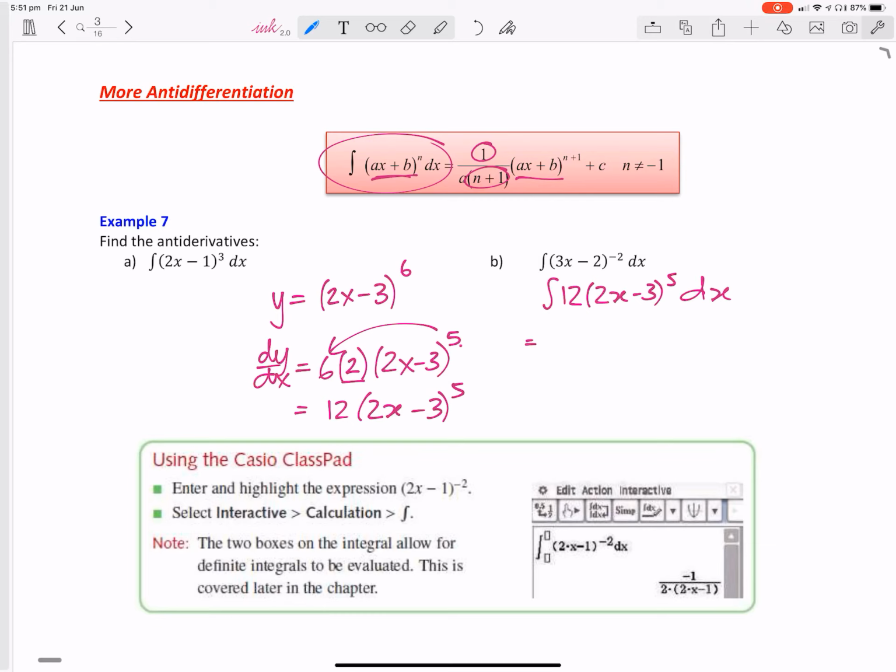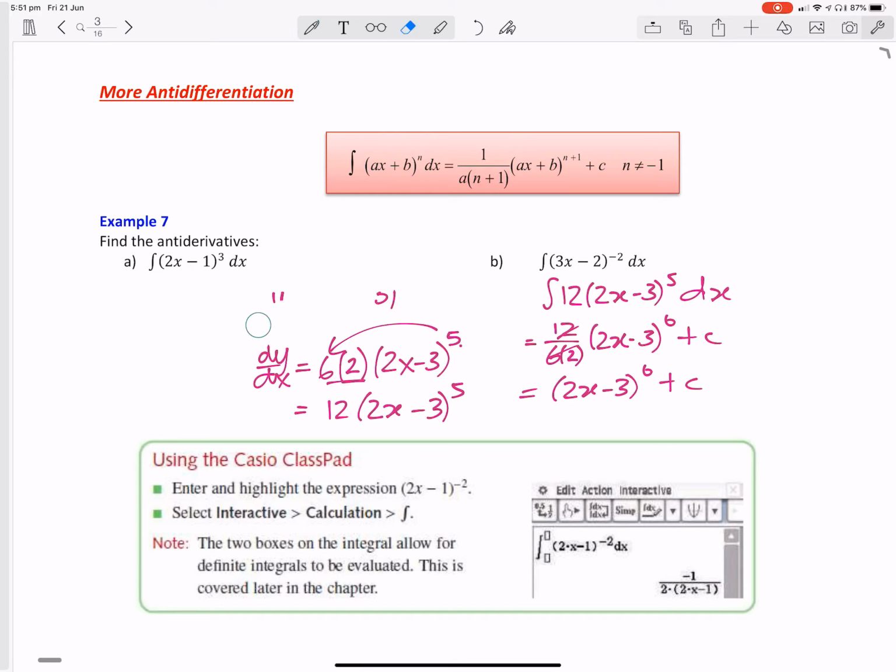Well, if we're going to do the inverse, first we have to add 1 to the power. Then, instead of multiplying the power down the front, we've got to divide down the front. Before we multiplied it by our derivative, now we've got to divide it by our derivative. And we also had that 12 on top, plus c. You can see there they cancel out. So we get (2x - 3) to the 6 plus c.